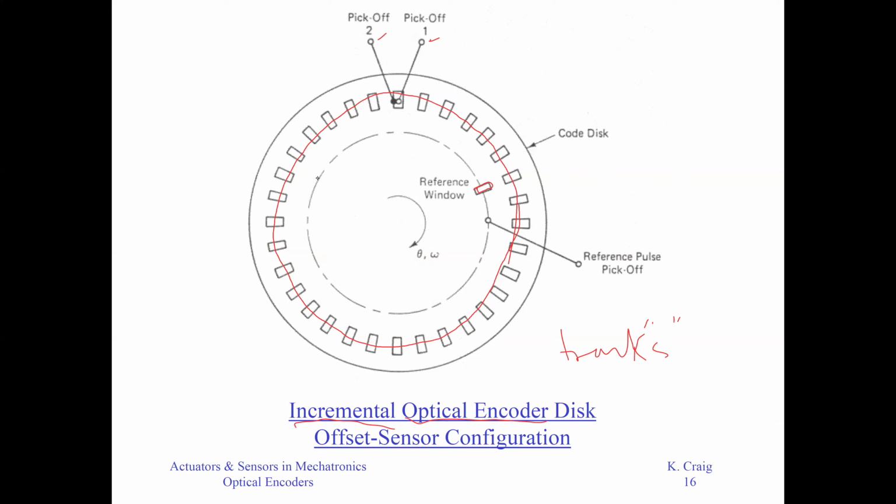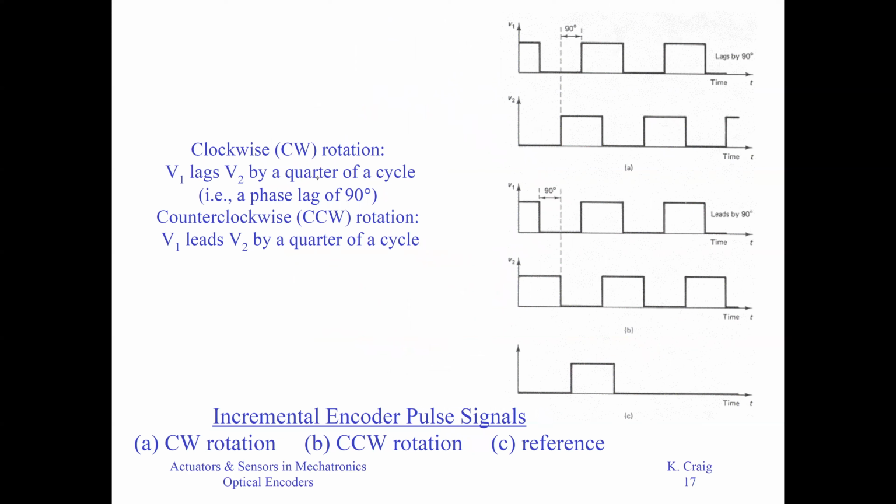Say you have a width here, and you put one pickup here, one pickup here. So what do you see? Just these pulses.